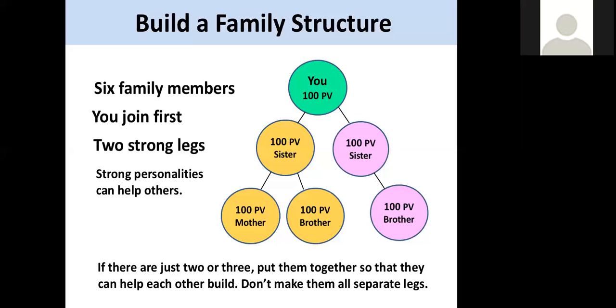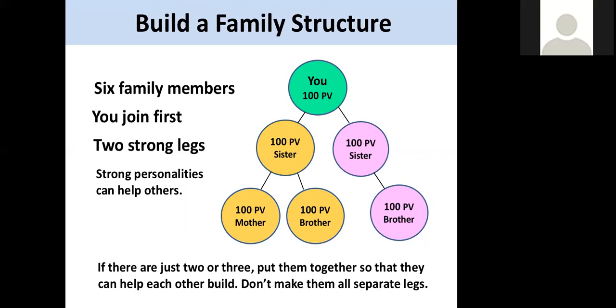Now, with that, I do like to also share just a very quick and brief slide regarding family structure. If you have family members that are joining Young Living, it is often a good practice to try and group those family members who are going to work well and build well with one another, not to sign each family member up as someone that you personally sponsor, putting them all on your first unilevel.